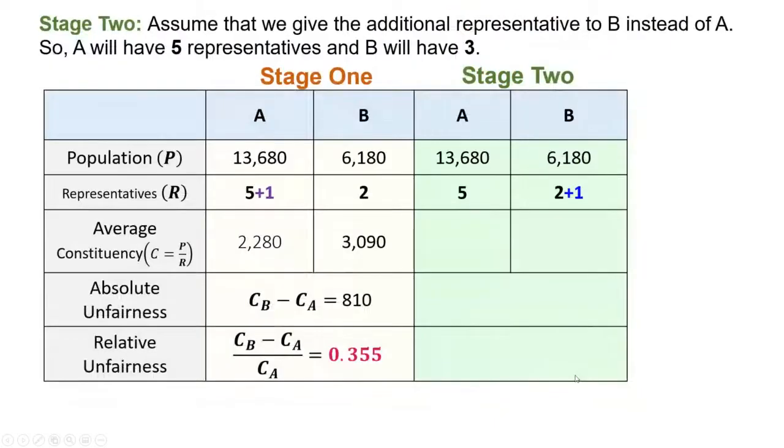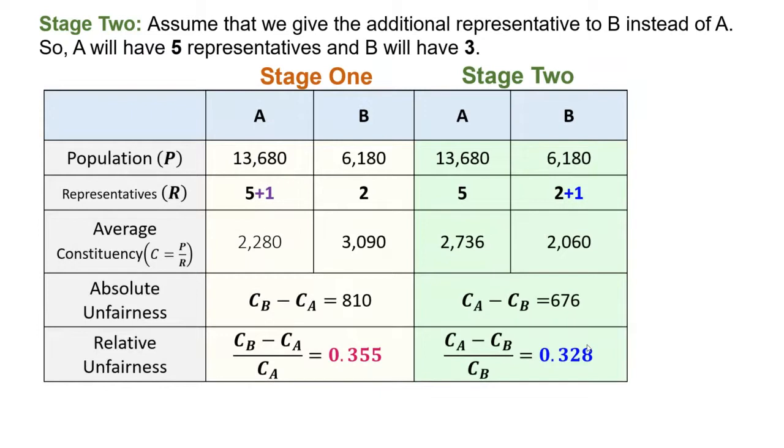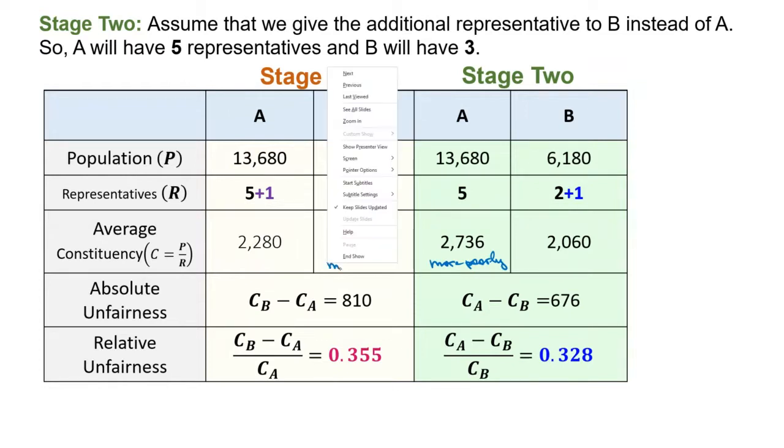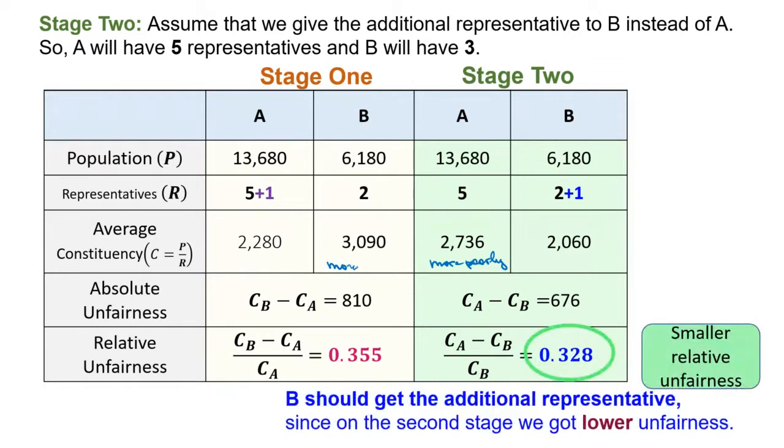Okay, on stage 2, we give this extra representative to the state B. And we do the same. We find the new average constituencies for A and for B. Of course, now A is more poorly represented.